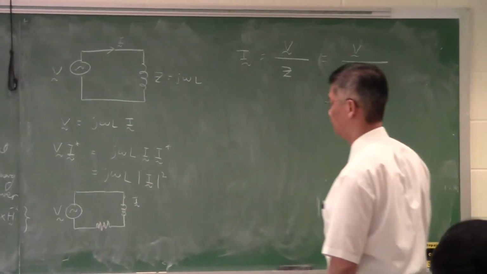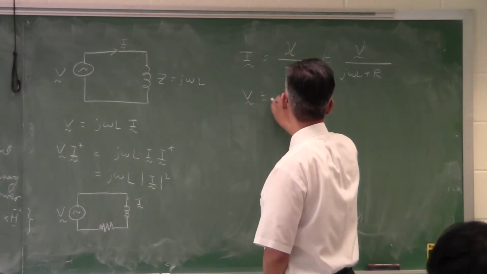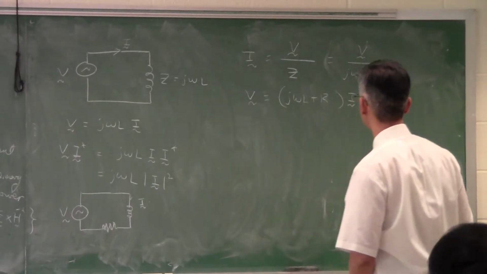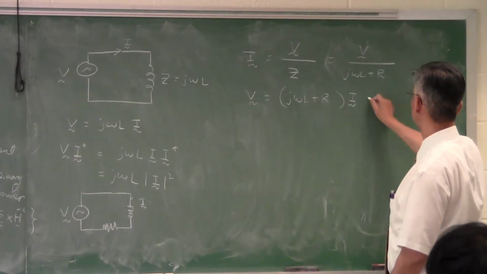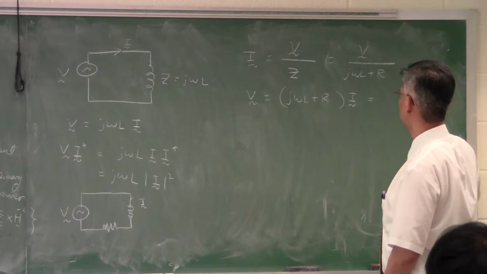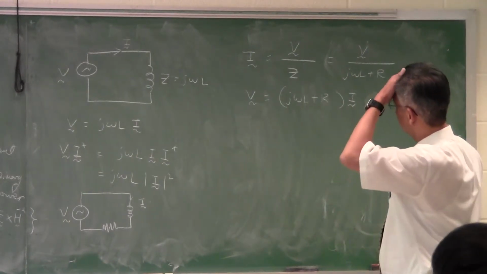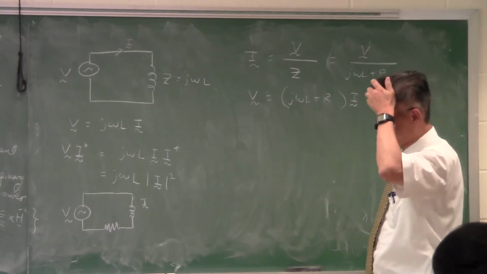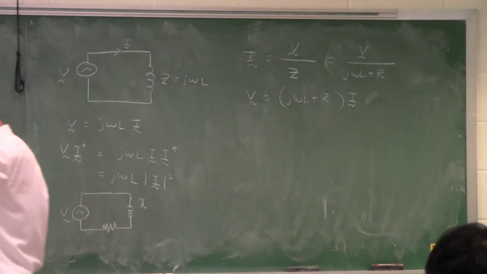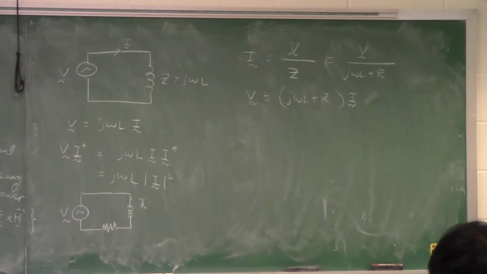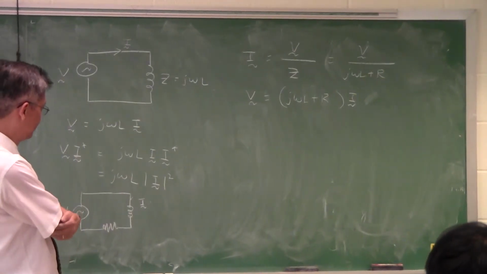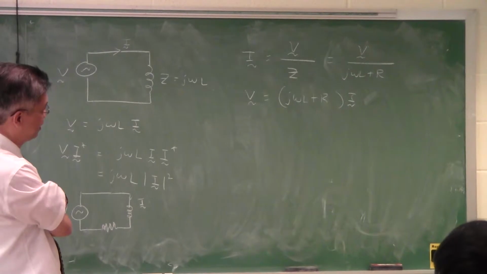So you can say that V is (j omega L plus R) times I, and in this case you can show that there will be both real and reactive power flowing. Okay? And if you go and study V cross I now, it's not purely imaginary. It will have a real and imaginary part.